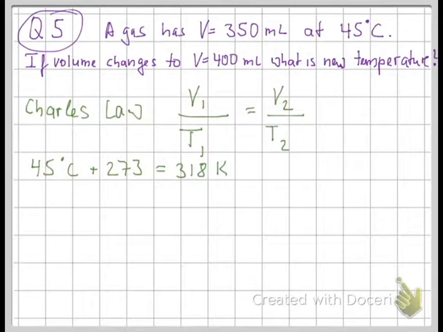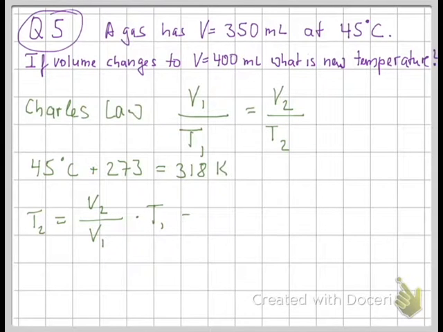Let me see, I'm kind of losing space here. T2 equals, got to move this around, V2 divided by V1 times T1.